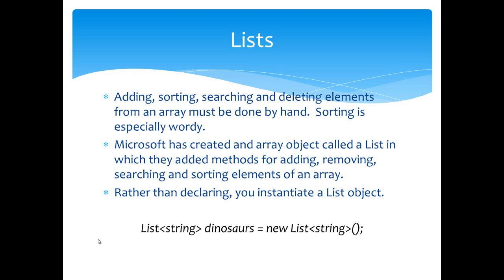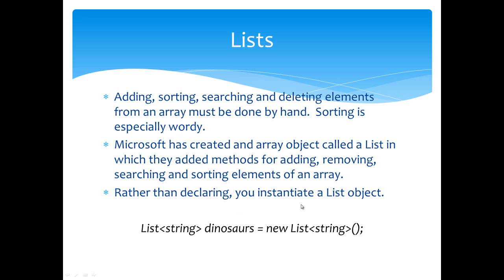So in this case, I'm creating a list. Okay, a list is a type, and it's going to be holding strings, and I'm going to call my list dinosaurs. And it's a little bit different on how I format it, because this is technically what we call an object. We'll talk about this a little bit later. So I'm telling it to create that list, and what this stuff at the end says is, because list is an object, when you create this new list, include all of the methods and all the properties that already exist with that list.